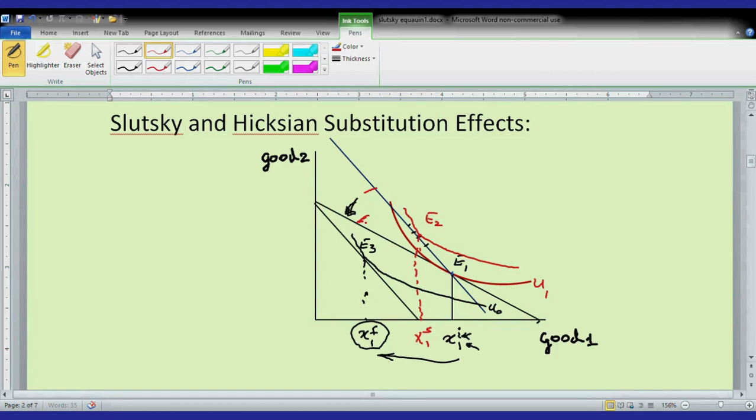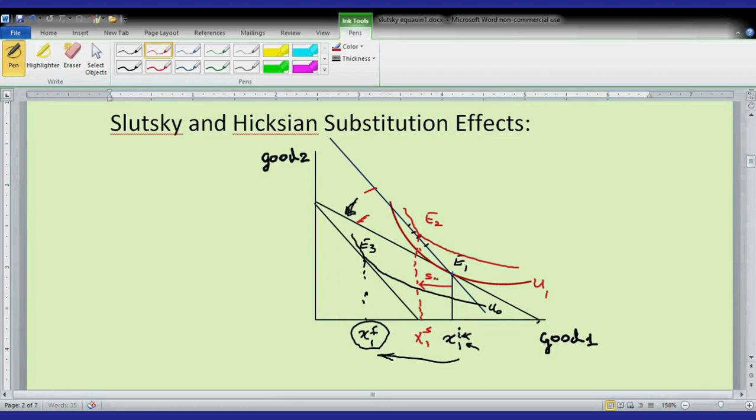So the substitution effect tells us that when the relative price of a good increases, the consumption of that good decreases, even when compensation has been given to the extent that the original consumption combination could be consumed. This is what defines the substitution effect.